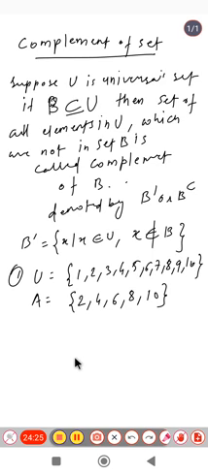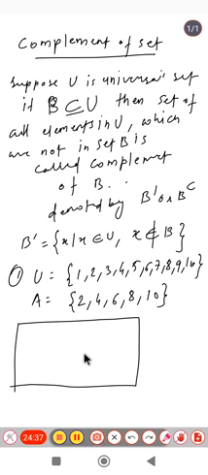First of all, whenever we have to find this, we draw one rectangle. You can see in the set A the elements are 2 4 6 8 10.